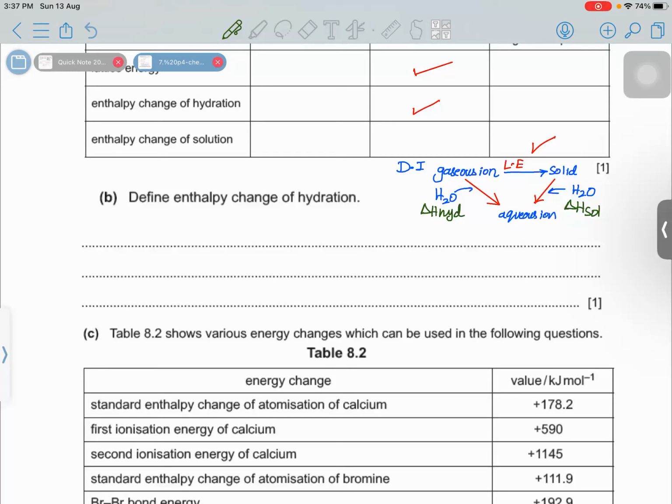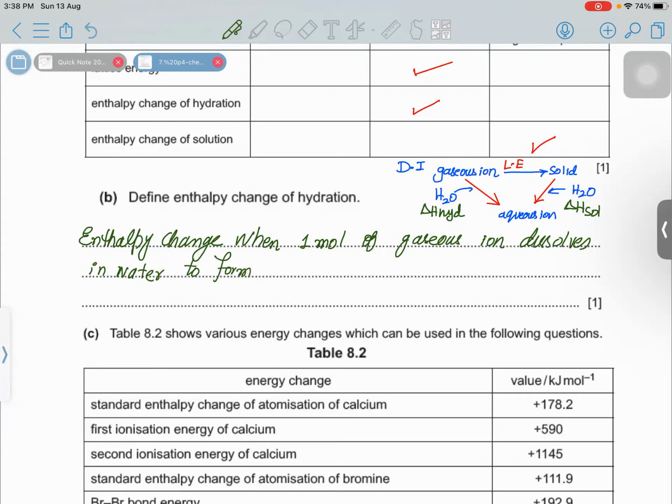Okay, now look at the definition, right? Enthalpy change when 1 mole of gaseous ions dissolves in water to form a dilute solution, or you can write aqueous solution, is known as enthalpy change of hydration.